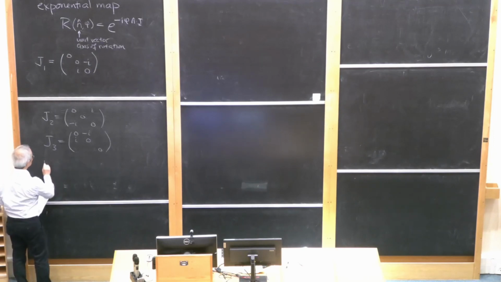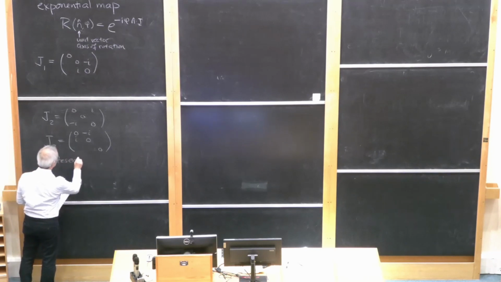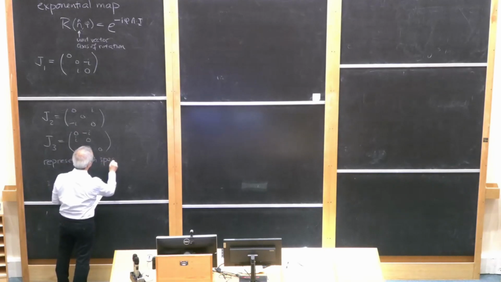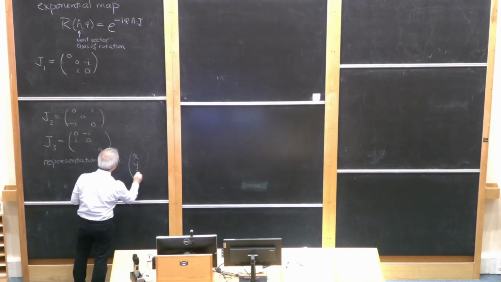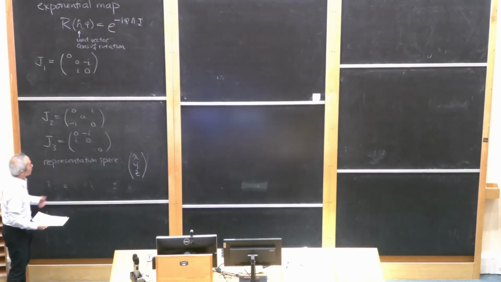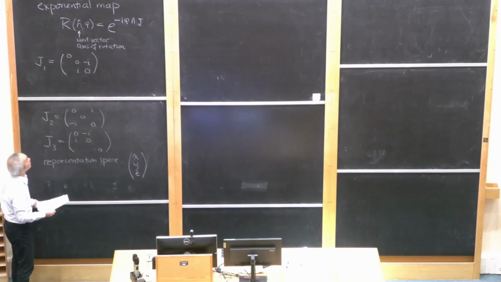In this case, the basis of the representation space is 3 vectors of that form. Obviously, if we choose a different basis, you would have different forms of the generators.